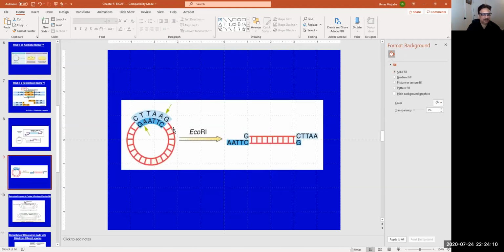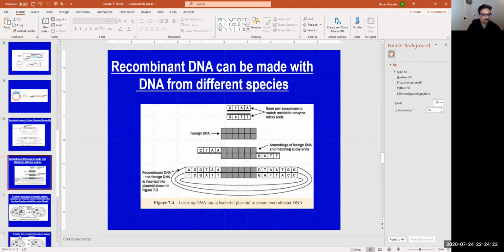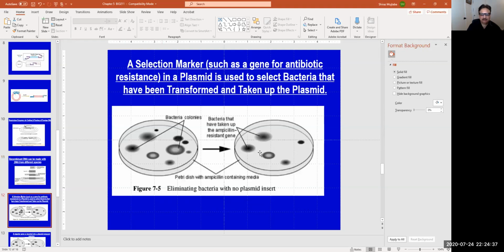The plasmid is cut, and the target gene is inserted into the plasmid for the bacteria to divide. The plasmid with a foreign gene, the insulin gene, is called recombinant DNA. And this could then be scaled up by selecting those bacteria which have the antibiotic resistance gene.